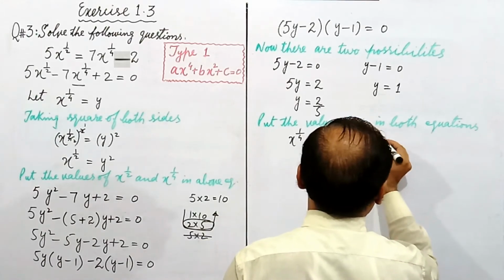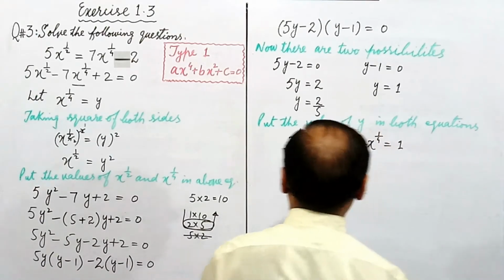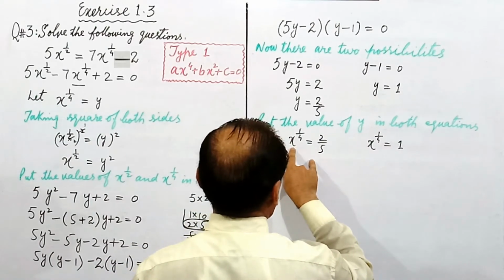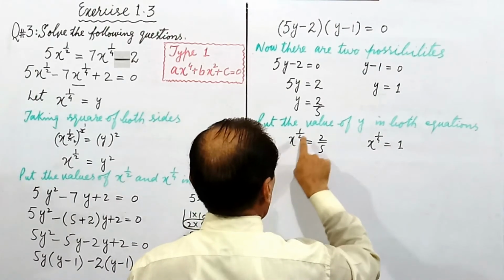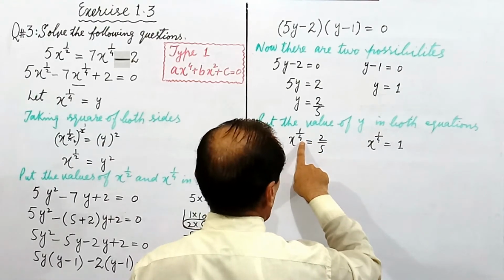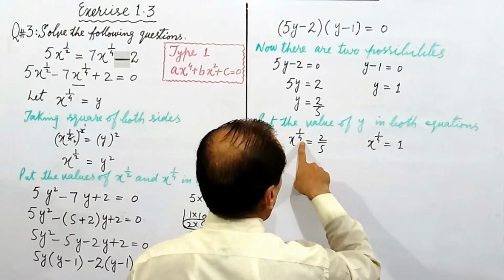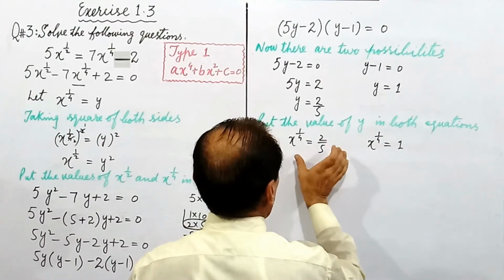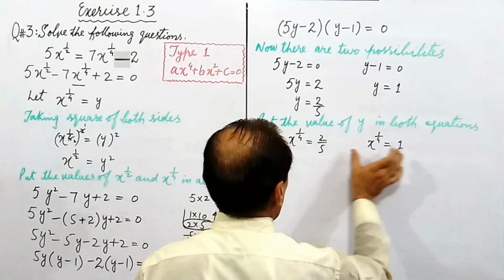X raised to the power 1 over 4 equal to 1. As we are required to find the solution, it means we need the value of x. So to remove the 1 over 4, we have to multiply by its reciprocal 4. It means we have to take the fourth power of both sides of the equation in both cases.